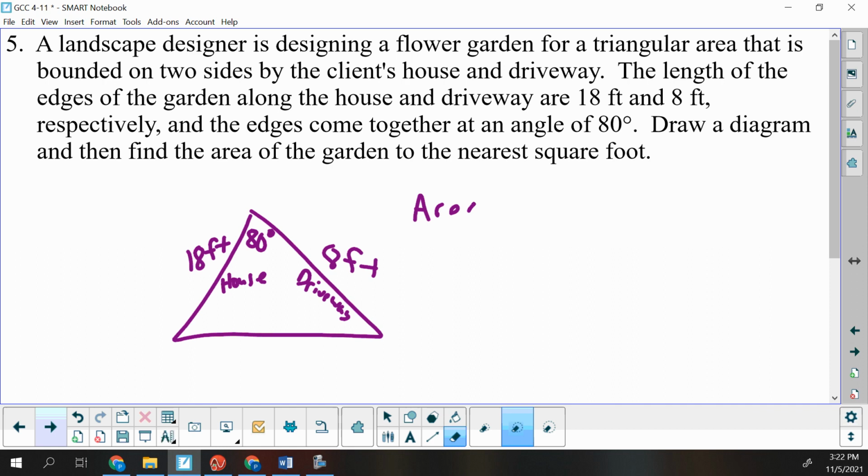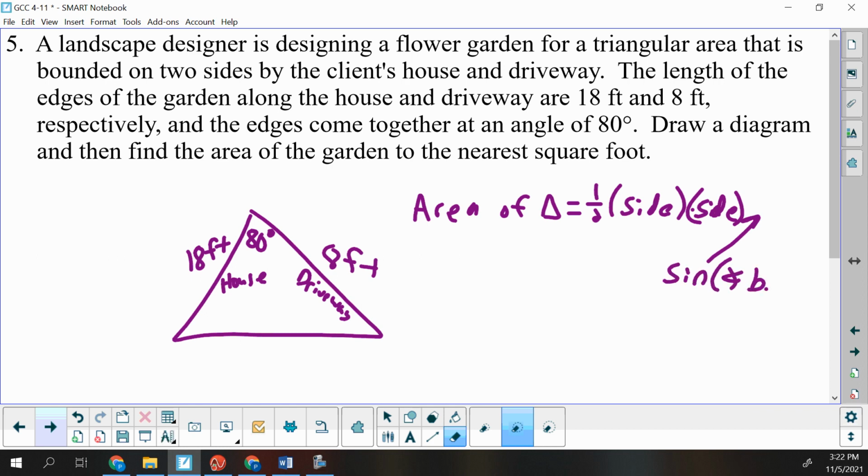Well, as we wrote on the back of our packet, area of a triangle is just equal to 1/2 side times side. And I'm not going to have room here, but right there we would do sine of the angle between.